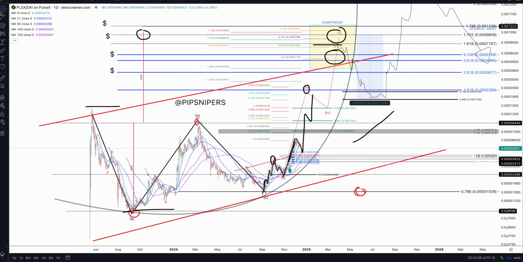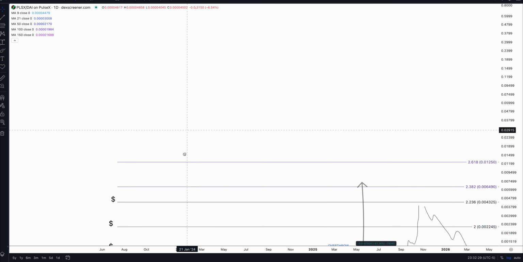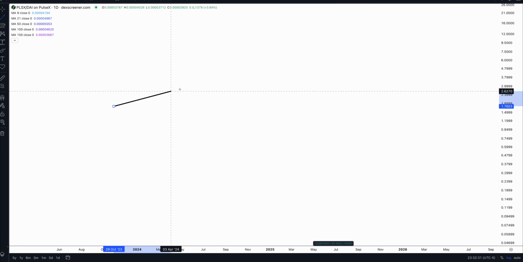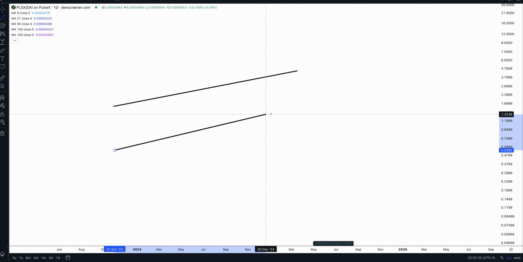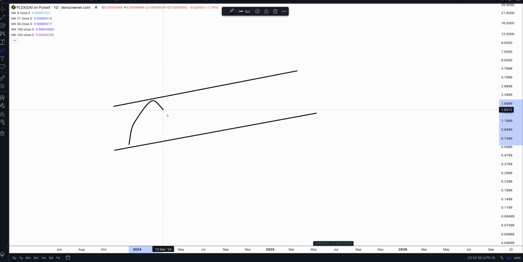Right? What I tend to notice in highly over-leveraged markets is that whenever you come towards trendline resistance or a macro trendline, you find a little bit of resistance off of it, but you tend to push above it because there's so much hype and FOMO, and because there's likely liquidity resting above the trendline, right? So let's say, for example, this is your macro pattern, and you're trading like this.